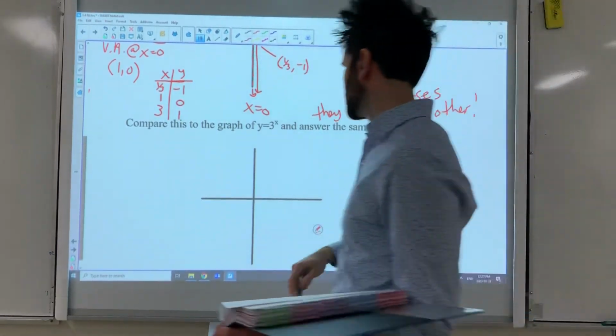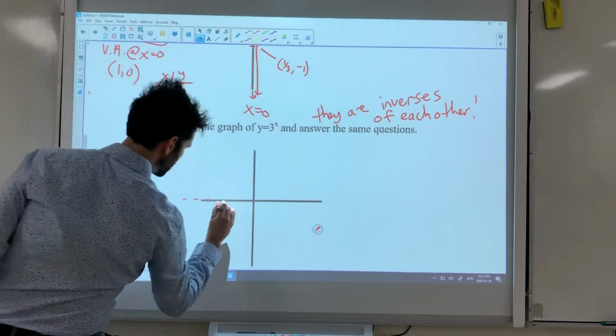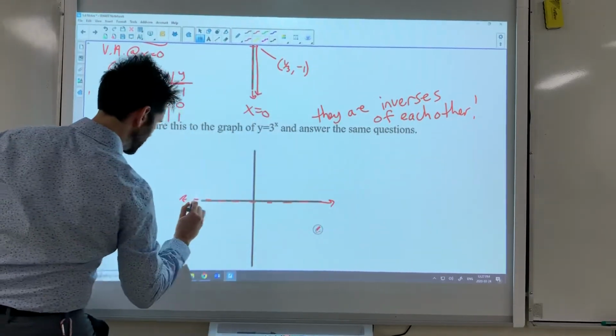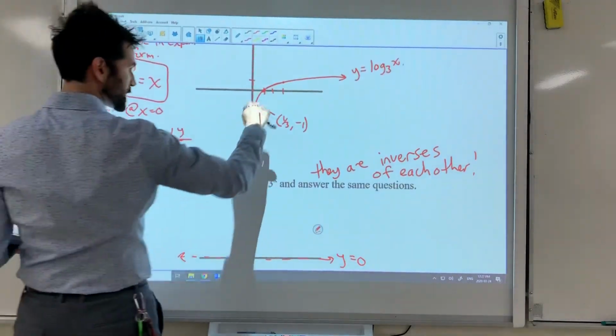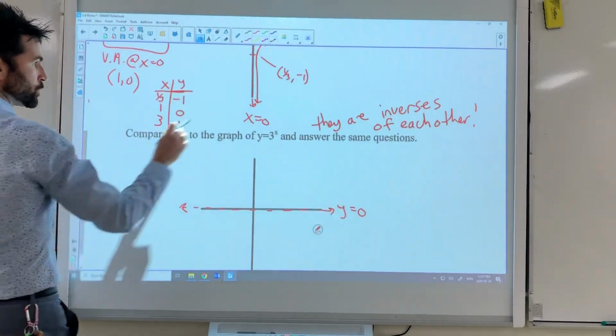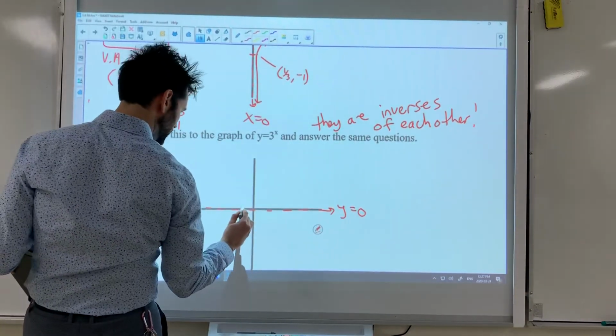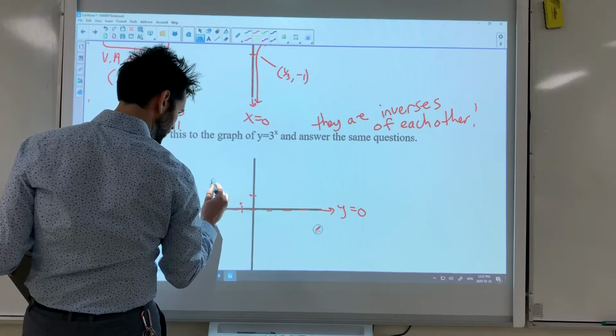So if I have this graph, then I can just do the inverse. My vertical asymptote becomes a horizontal asymptote. And all of these xy points become switched, they're yx. So when x is -1 over here, y is a third, and I'd have to label that.